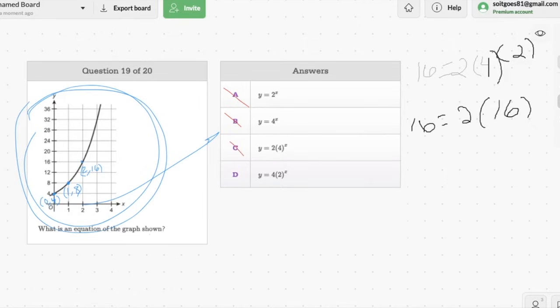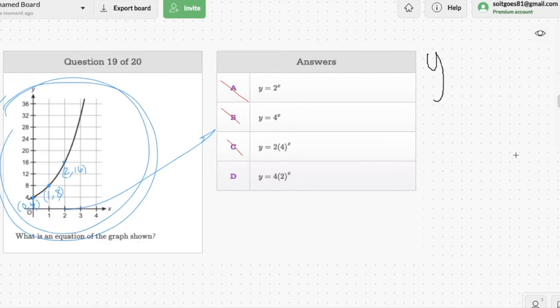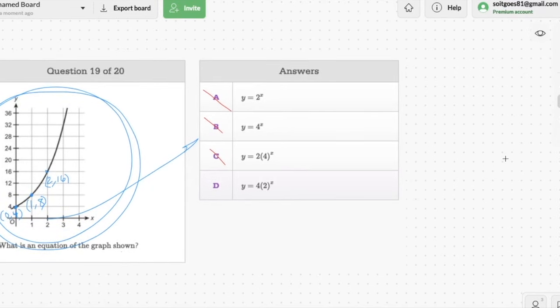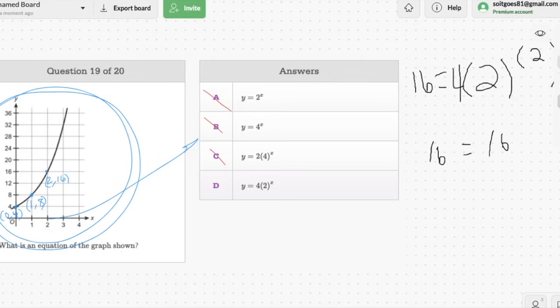Let's try answer choice D. I'll clear some space again. Yeah, absolutely, right?